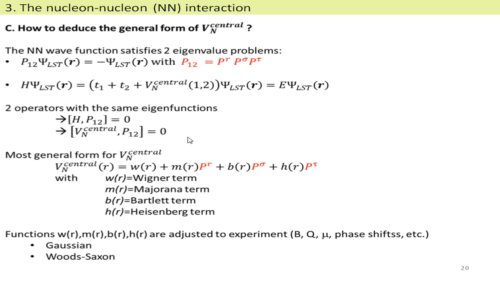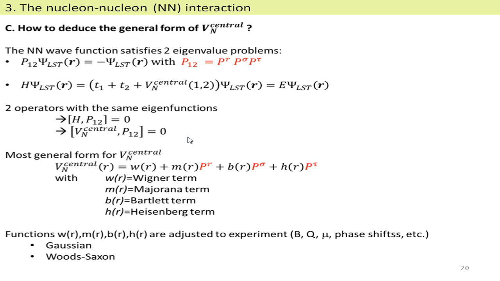So this wave function is an eigenfunction of P12. And also we know that this wave function, whatever it is, is an eigenfunction of the Hamiltonian. And the Hamiltonian contains two kinetic energy terms and the central part of the nucleon-nucleon interaction.